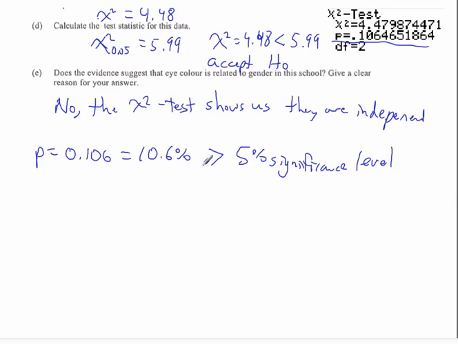Okay, it's greater than that, so that's also evidence that we accept the null hypothesis. Alright, so you can use the critical value to show that we accept the null hypothesis, and we can use the p-value to show that we accept the null hypothesis.